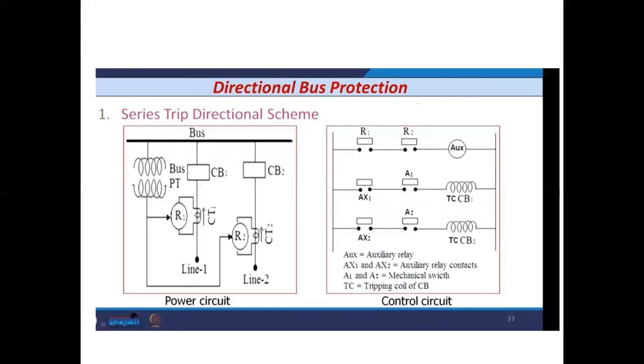So in the directional bus protection scheme, the first type of scheme is known as the series trip directional scheme. You can see here, this is the bus bar, and you have two outgoing lines.